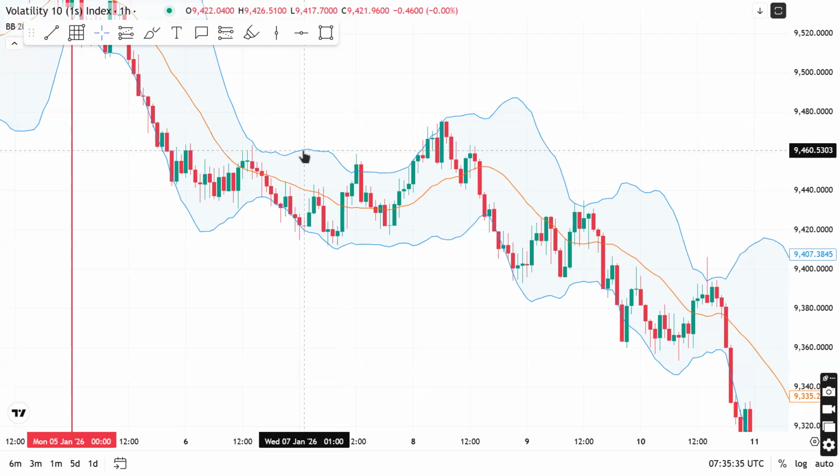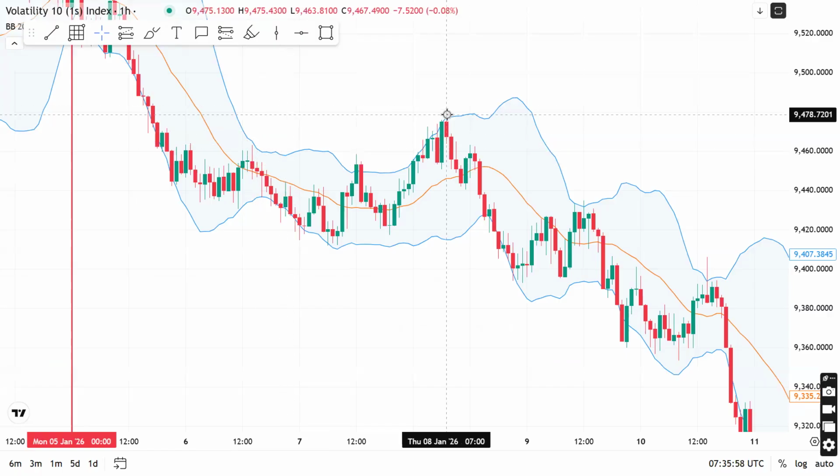So what this means is the Bollinger Band acts as a support and resistance entry model, whereby if your bias is a sell, you must take entries at the top of the Bollinger Band. So it's more like your bias is a sell. You are selling at the resistance of the Bollinger Band.